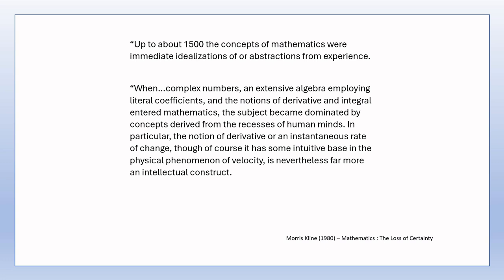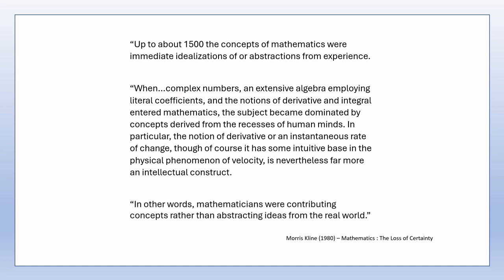In particular, the notion of derivative, or an instantaneous rate of change, though of course it has some intuitive base in the physical phenomenon of velocity, is nevertheless far more an intellectual construct. In other words, mathematicians were contributing concepts rather than abstracting ideas from the real world.